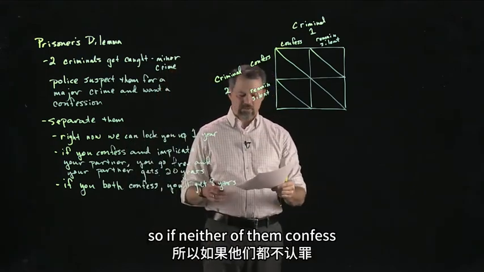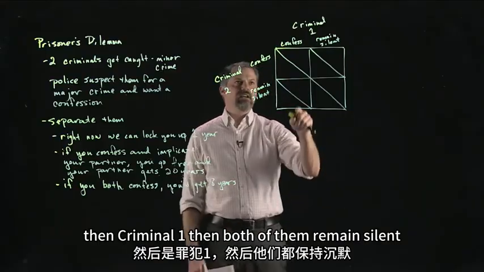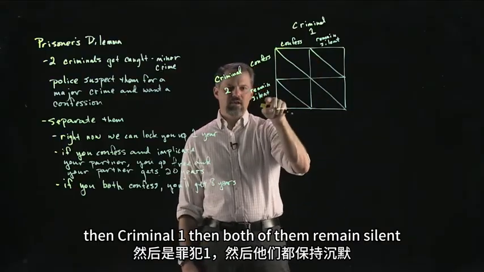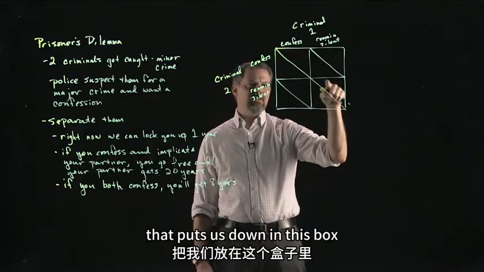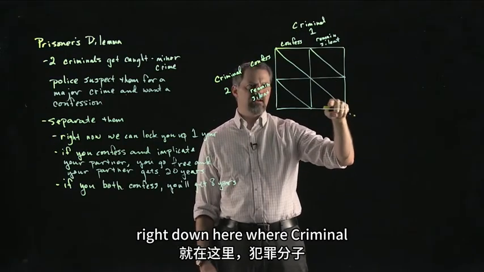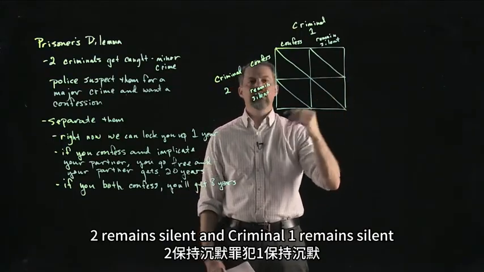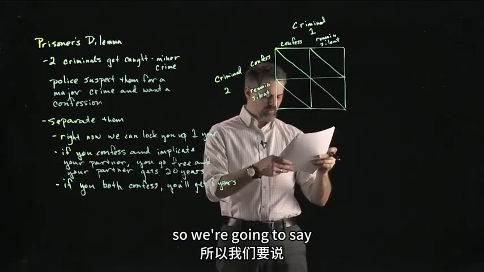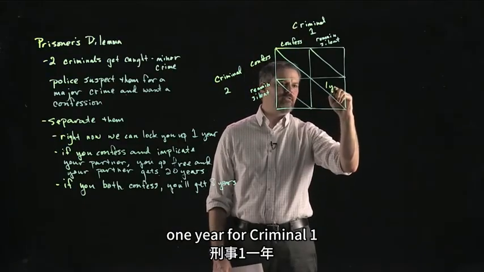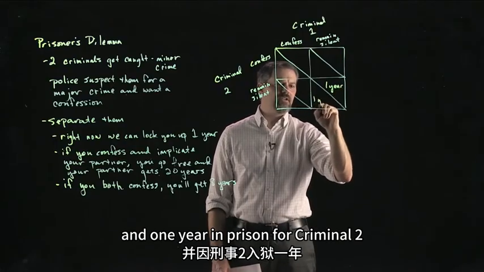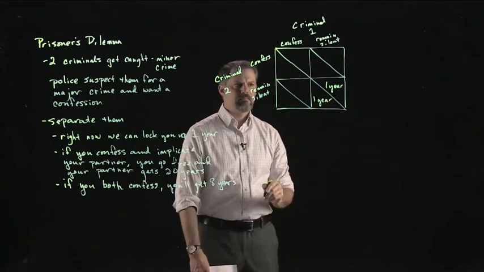So if both of them remain silent, that puts us down in this box, where criminal 2 remains silent and criminal 1 remains silent. Each of them gets 1 year. So we're going to say 1 year for criminal 1 and 1 year in prison for criminal 2.